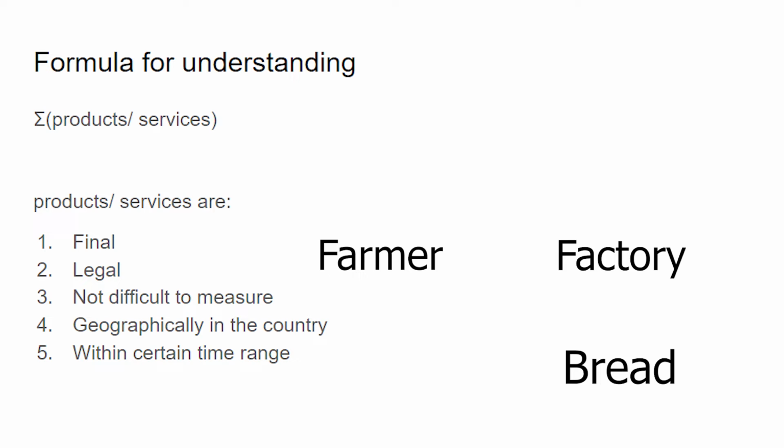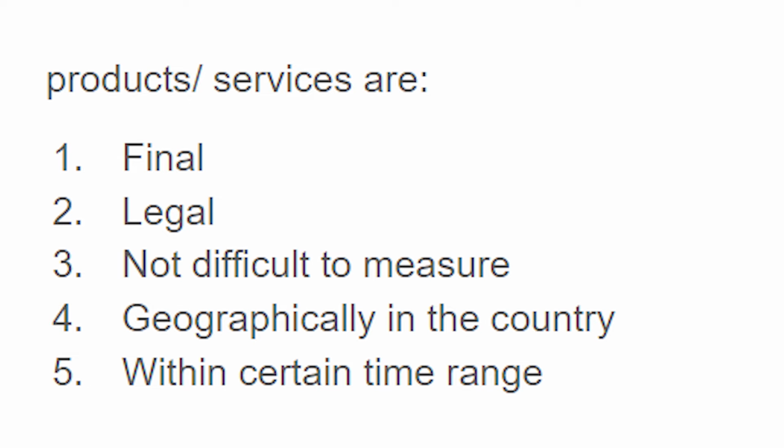So wheat doesn't impact it anymore. The wheat trades don't impact the price of bread anymore. Legal is basically just legal. So no black market, no drug trades, none of that. Not difficult to measure. Some goods are extremely hard to measure, and most of the time people just ignore them.